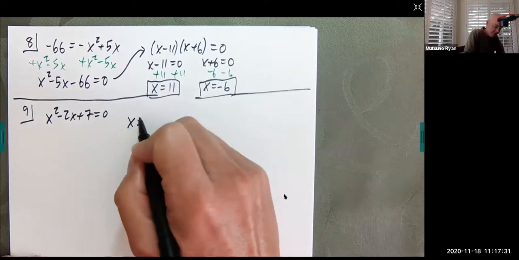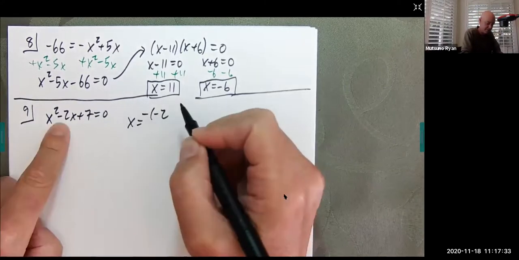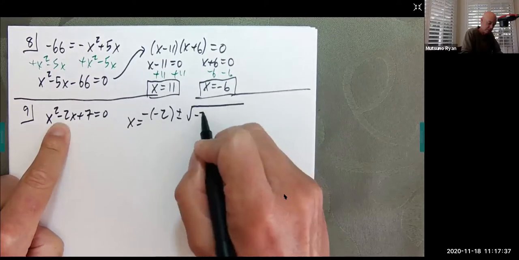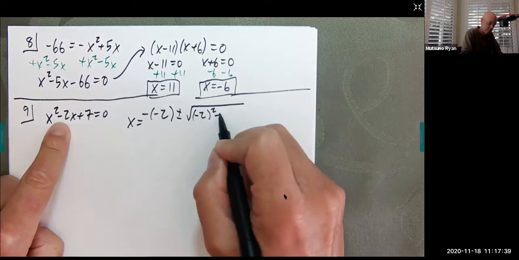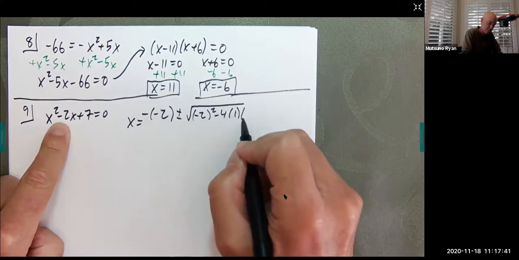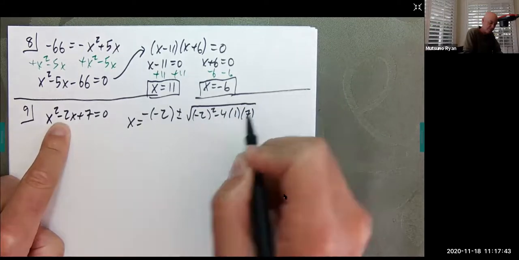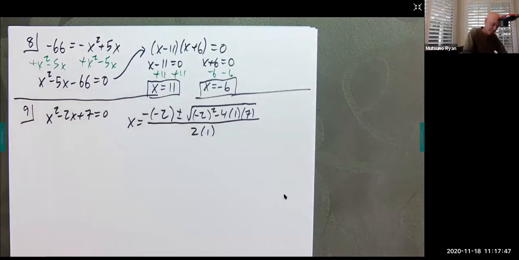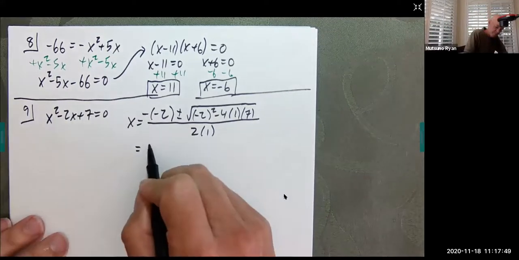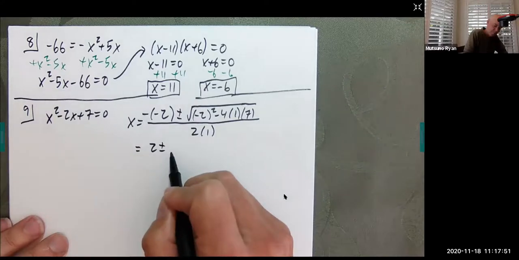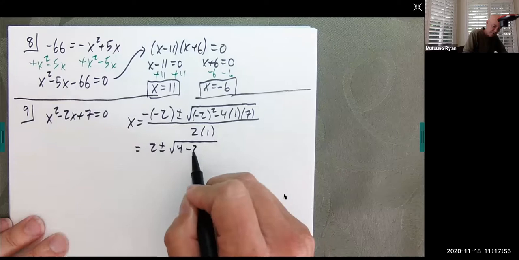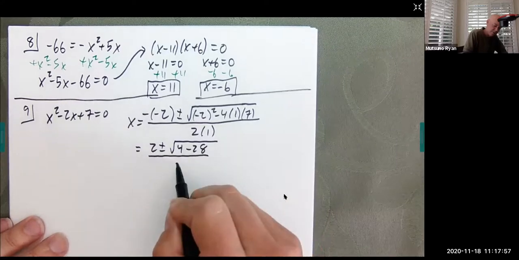Be careful with the negative, negative 2, because b is negative in this case. That's going to be minus 28 over 2.